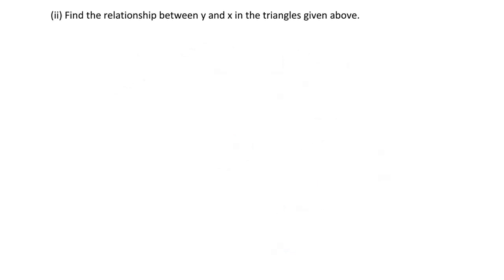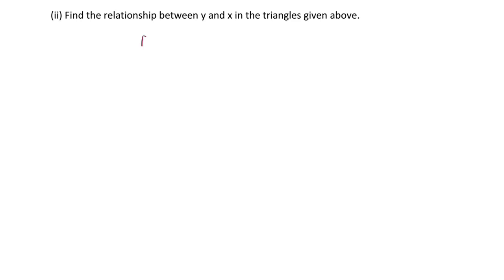Roman 2, we are supposed to find the relationship between Y and X in the triangles given above. Okay, so since the triangles are similar, then their corresponding sides must have a constant ratio.